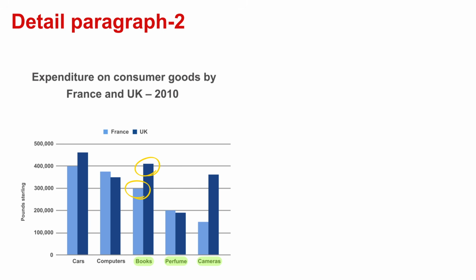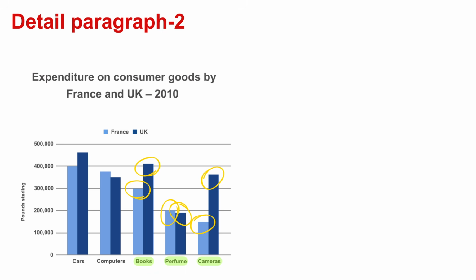And what about perfume? As you can see, perfume, France expended 200,000 pounds, and Britain was very close, right? And spending on cameras for France was around 150,000 pounds, and for UK, that was around, let's say, 370,000 pounds.